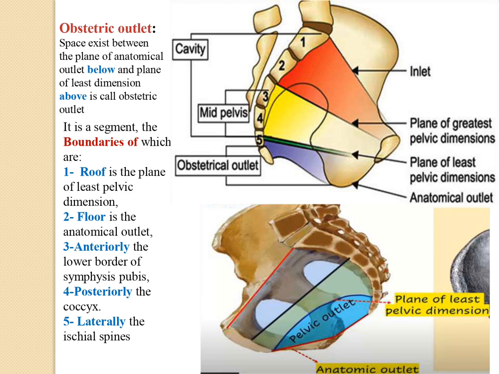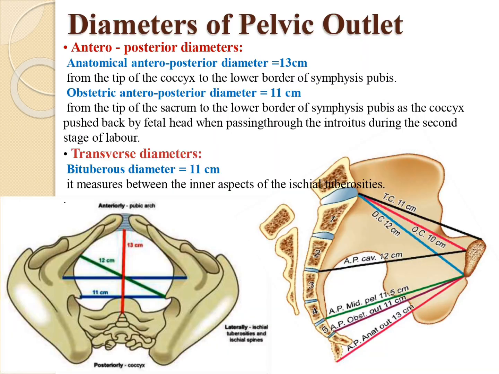Its roof is formed by the plane of least pelvic dimensions and its floor is formed by the anatomical outlet. Anteriorly, it is bounded by the lower border of the pubic symphysis, posteriorly by the coccyx, and laterally by the ischial spines.